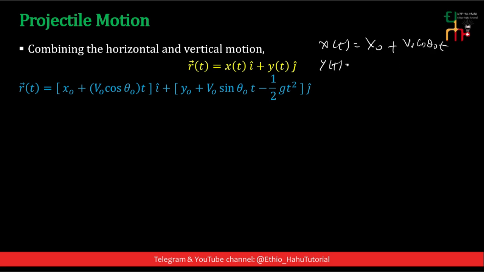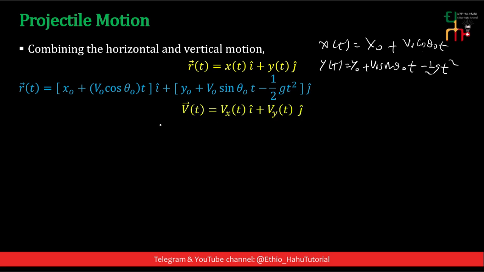Y of t is equal to y naught plus v naught sine theta naught times t minus half of g t square. Substitute for x of t, x naught plus v naught cos theta naught times t, in the i, plus for y of t, y naught plus v naught sine theta naught times t minus half g t square.